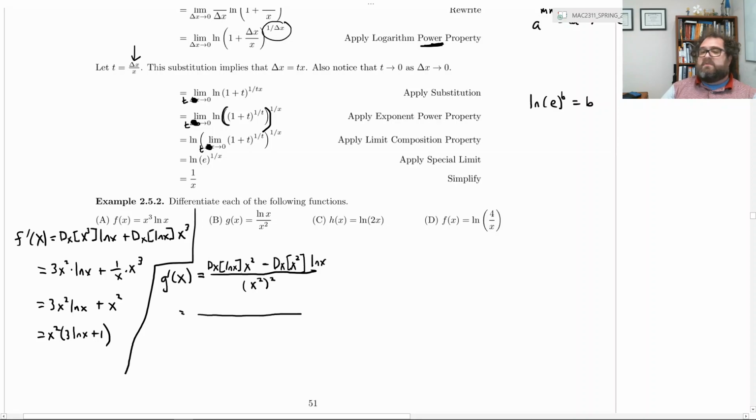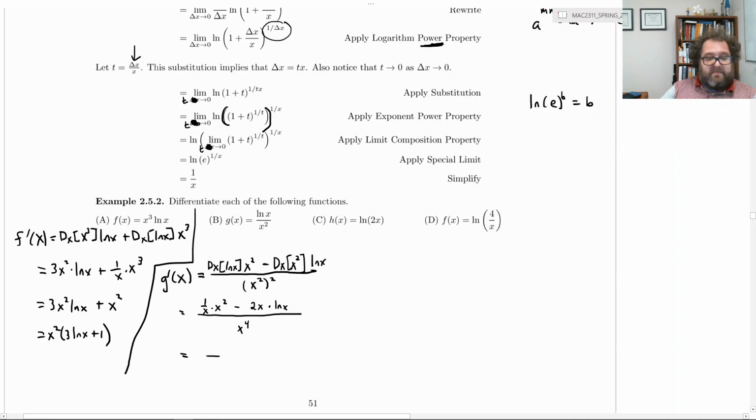Let's see what we get when we differentiate these individual functions. Natural log x has a derivative of 1 over x, times x squared, minus, the derivative of x squared is 2x, times natural log x. We can go ahead and say x to the fourth on the bottom, since x squared squared, you multiply and get x to the fourth.